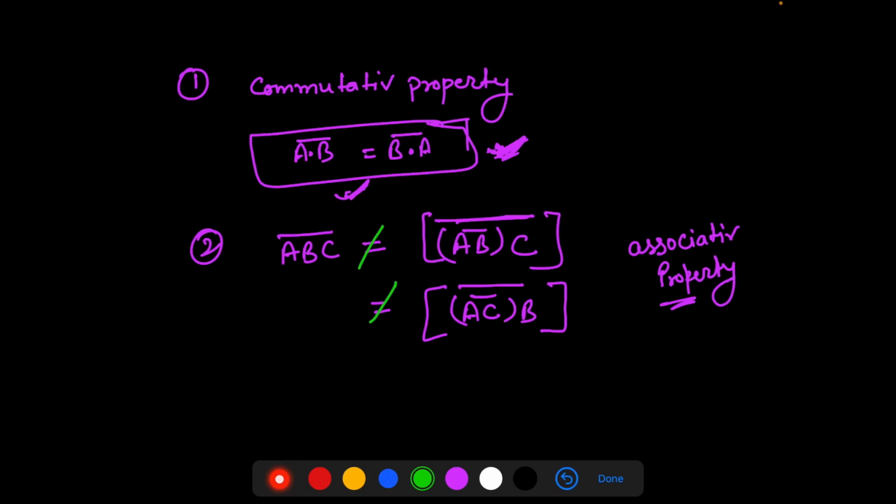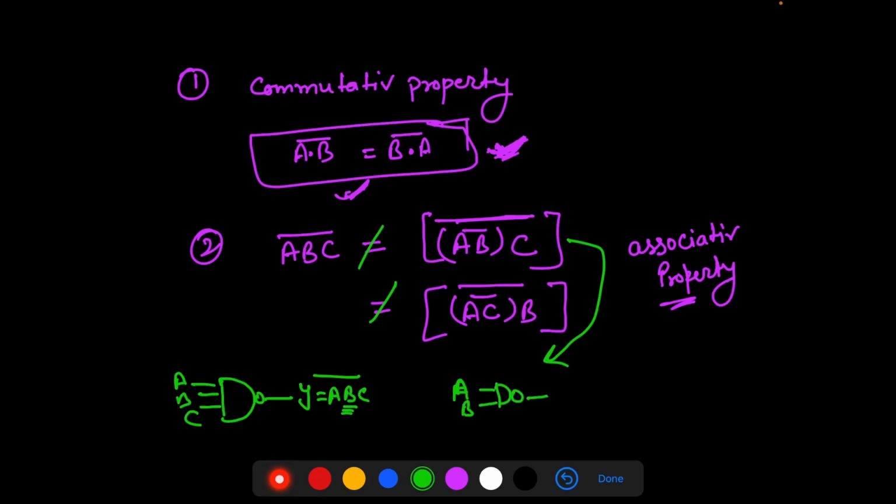For example, if we have 3 input variables A, B, C, then our output will be ABC bar. This expression is the A, B NAND gate, and this C is our input.